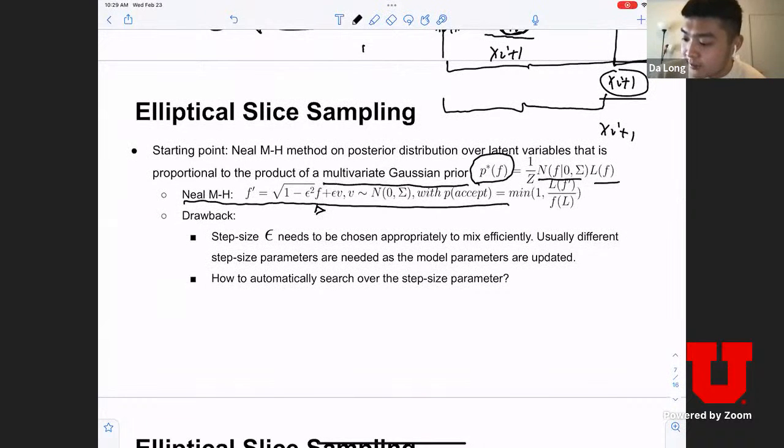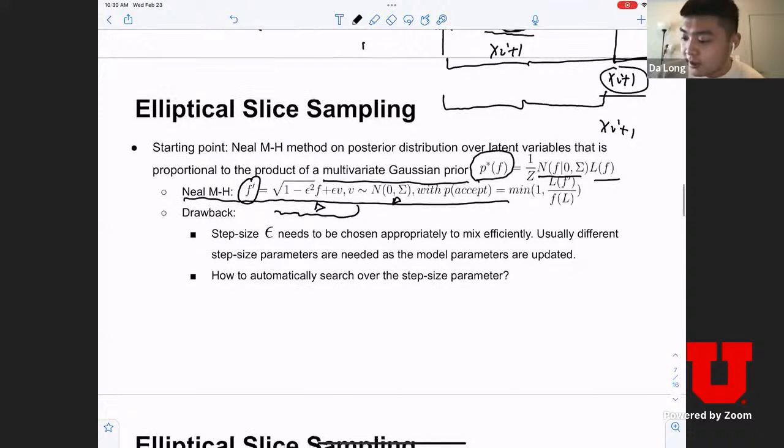F here is the current sample and F prime is the new sample. V is from the prior, and you can think of this function as a transition distribution. This epsilon here is the step size parameter.